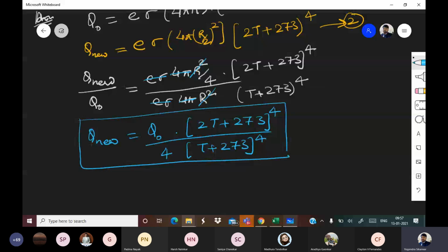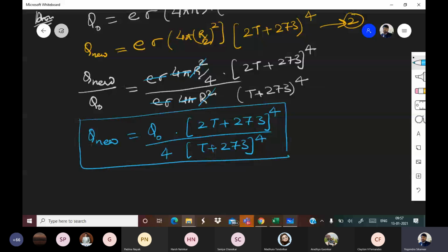For a star, and stars can be treated as black body for these calculations. So for a star of radius capital R and temperature 2000 Kelvin, the rate of heat emitted is Q naught.